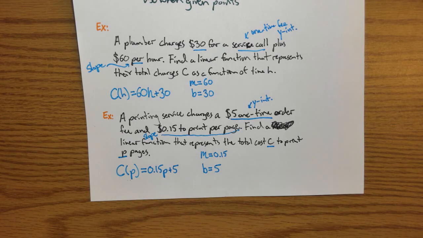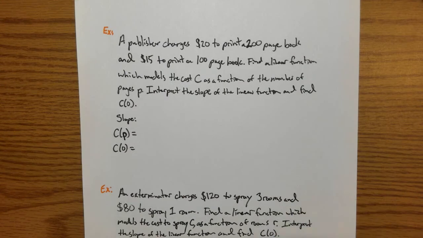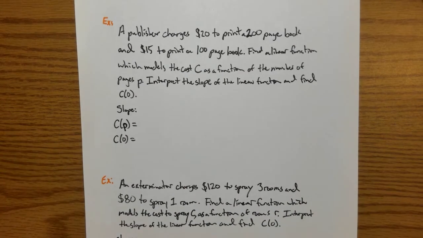So this is what it would look like when we're dealing with functions that the word problem gives us a y-intercept and a slope. But let's take a look at point-slope form and what that's going to look like. Because we're not given a slope necessarily in some problems. So let's take a look at this example.